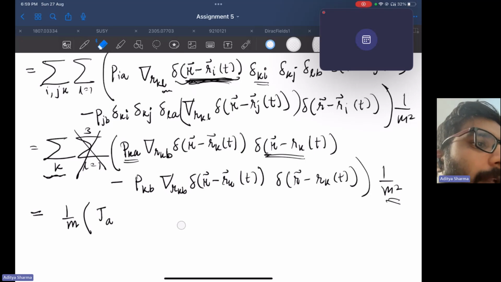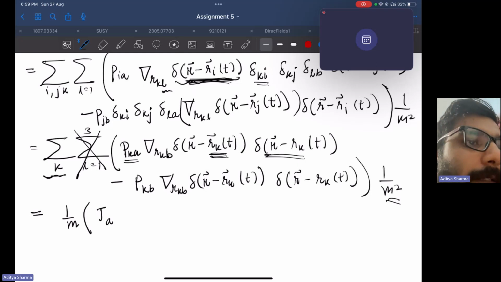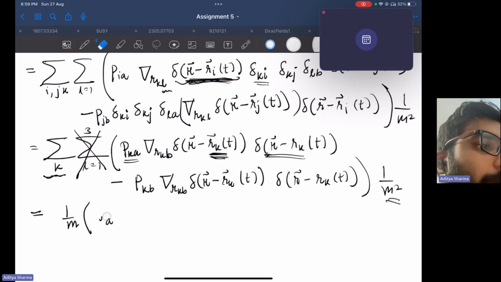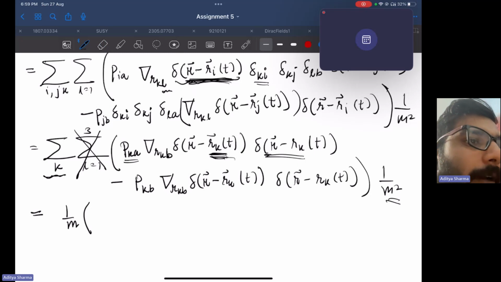So now, that is just J, but there is a summation over K as well. So what I'm going to do is, instead of this, I will write R prime. Then I can take the summation, this part, out.